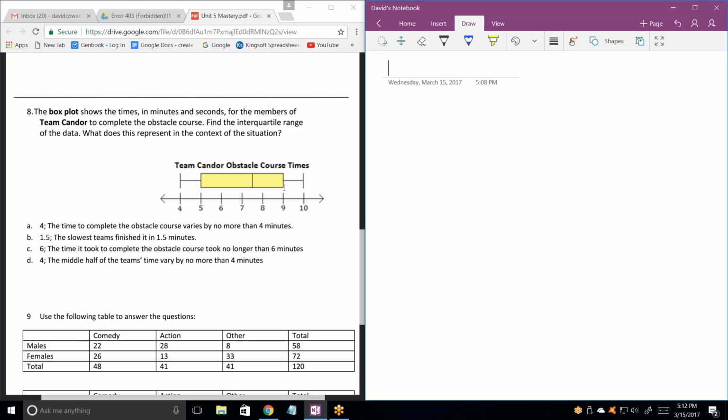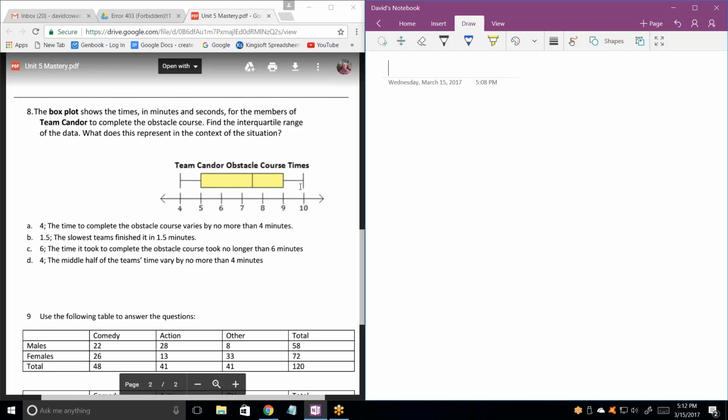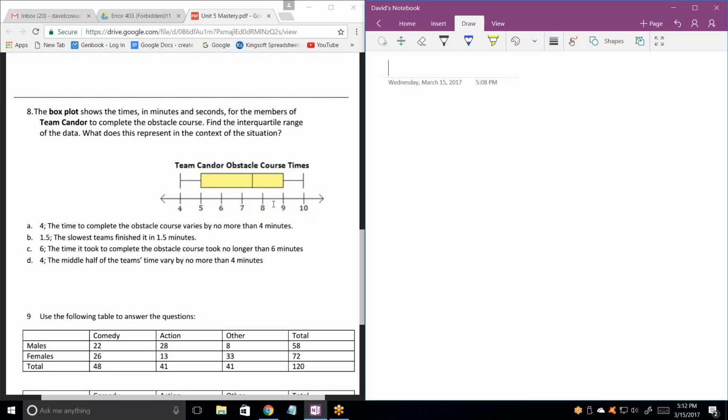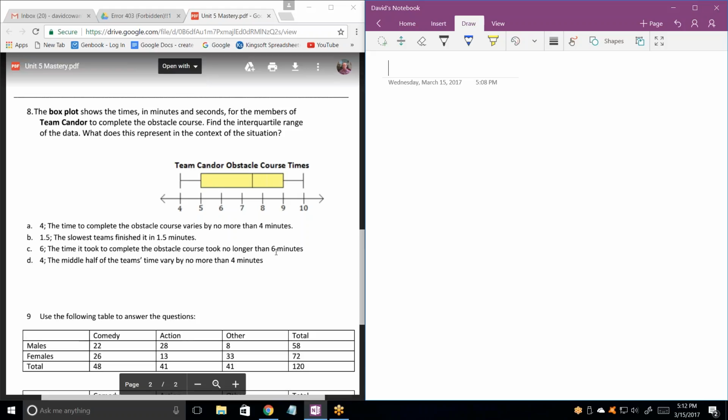From 5 to 9 is the next 2 quarters, and from 9 to 10 is the last quarter. So the middle half of the team's times are the interquartile, and that goes from 5 to 9, which means it varies by no more than 4 minutes. So D is the right answer for 8. D as in David.